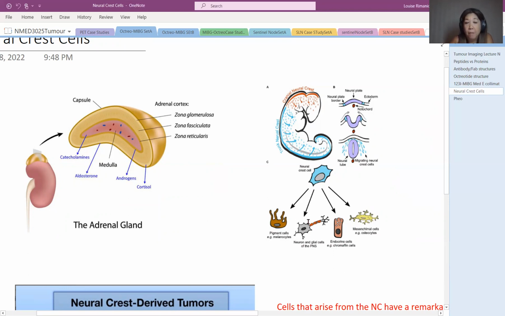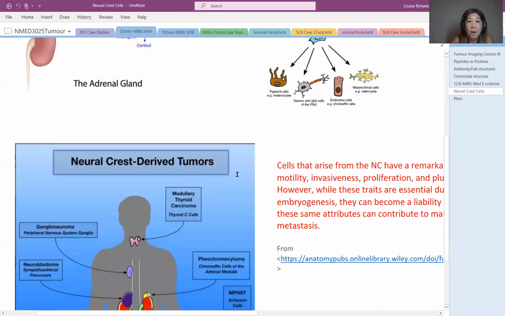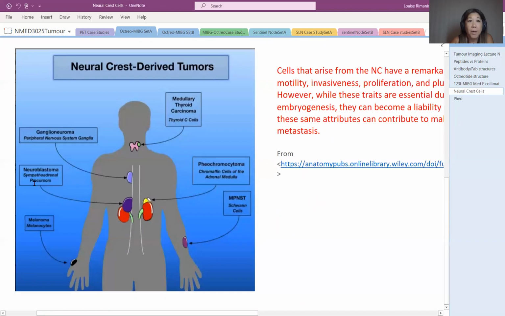And this is why we can end up with these neural crest type tumors throughout the body, right? So we can end up with those that involve the thyroid, so the medullary thyroid carcinomas, neuroblastomas, which are usually found in the abdomen, and then the pheos, which are found in the adrenal glands, and then we can get some along the spinal cord as well, and you can even get these tumors that form melanomas.